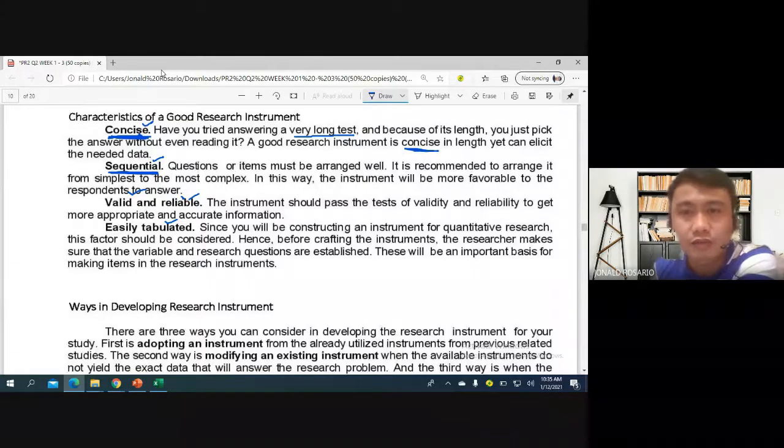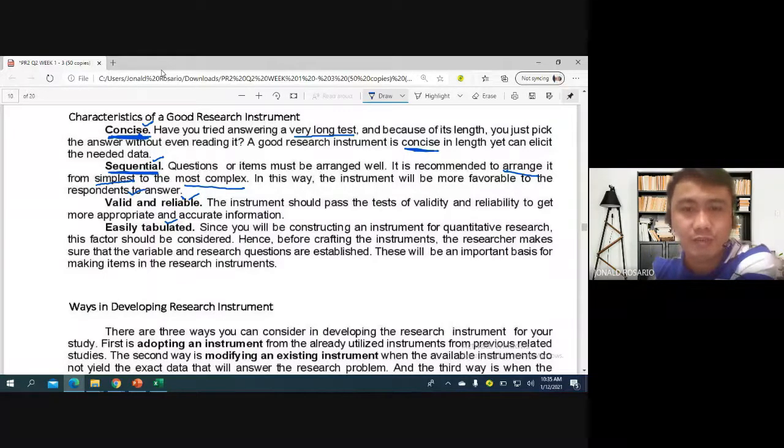And according to this one, it is recommended to arrange your instrument, yung mga content ng instruments ninyo, yung mga questions, from simplest to the most complex. So start muna natin dun sa mga pinakasimple na items hanggang doon sa pinaka-complex.